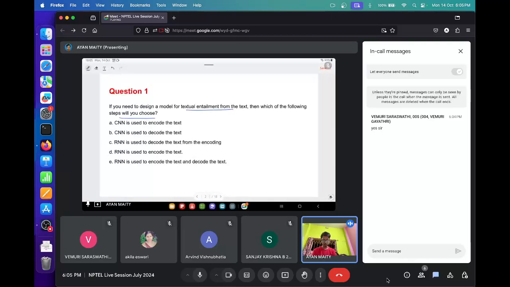CNN is used to encode the text, CNN used to decode the text, RNN is used to decode the text from the encoding, RNN is used to encode the text, RNN is used to encode the text and decode the text. So you can write your answer in the chat.